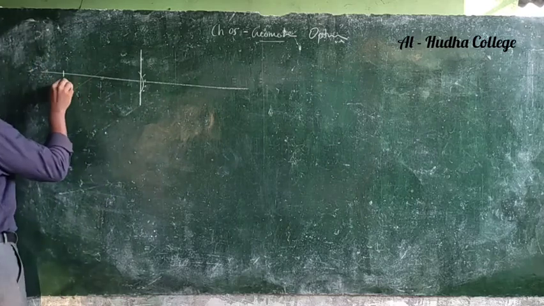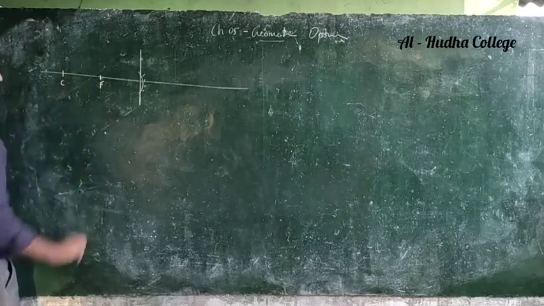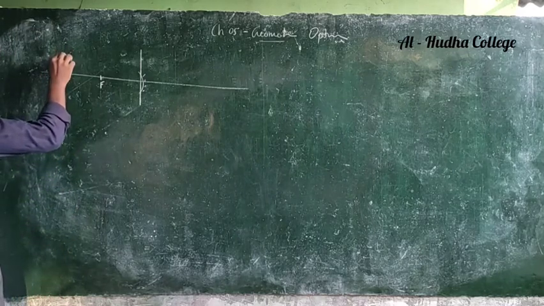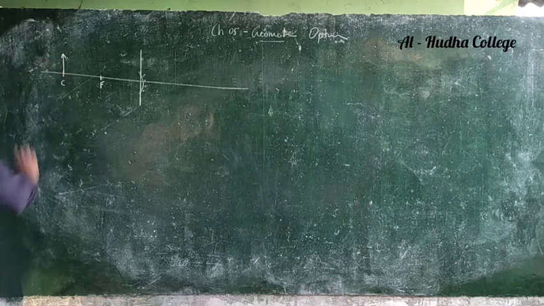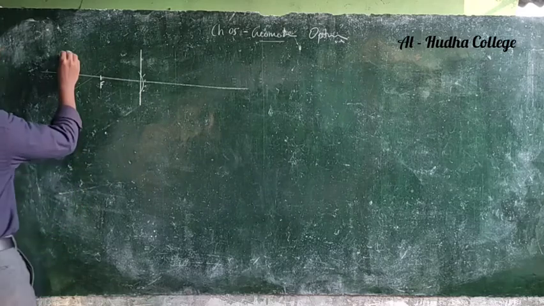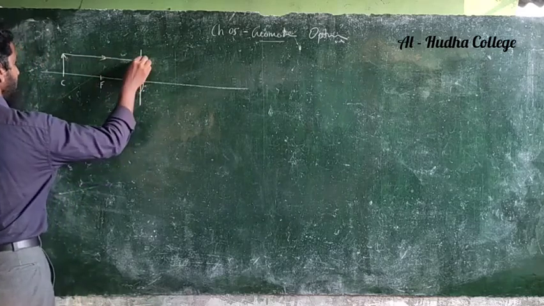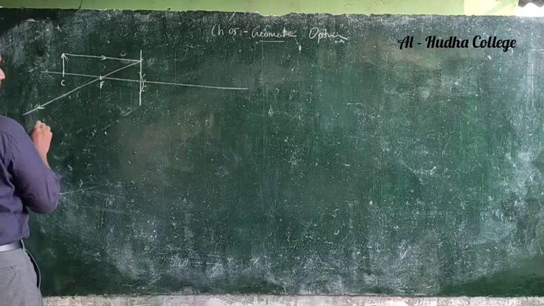This is the center of curvature and the focus. We are going to keep the object here, at the center of curvature. The ray which is coming parallel to the principal axis is going to move through the focus.